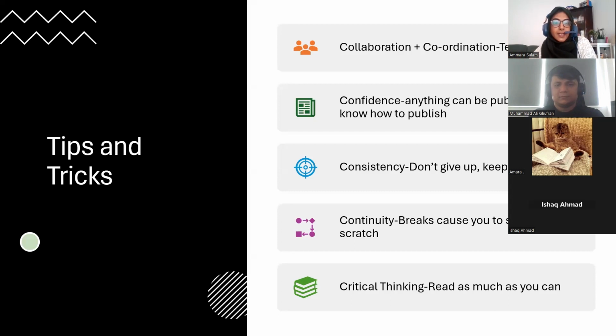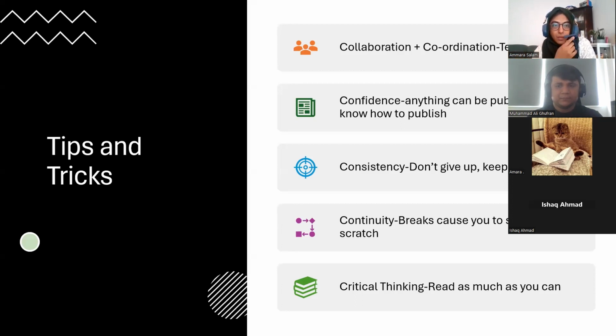Then consistency. Don't give up, keep doing it. Consistency means you should be consistent in your work. If one journal is rejecting it, keep sending, and one day it will be published.